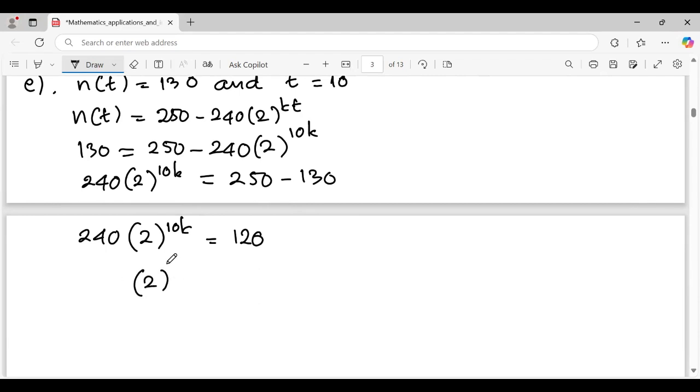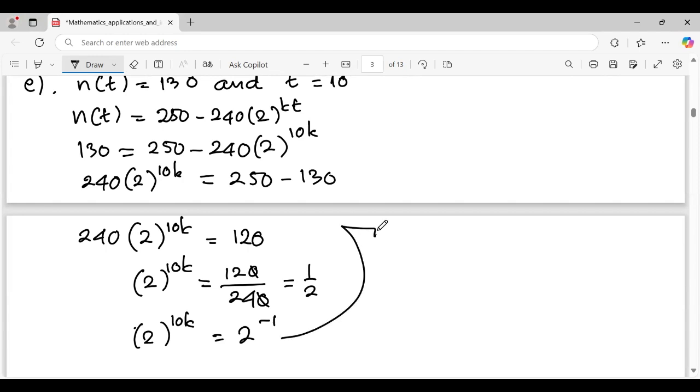It becomes 2 to the power 10k equals 120 over 240, and it is 1/2. We can convert 1/2 into 2 to the power minus 1. It means 10k equals minus 1 and k equals minus 1/10. Like that.